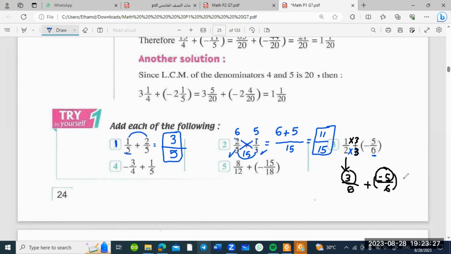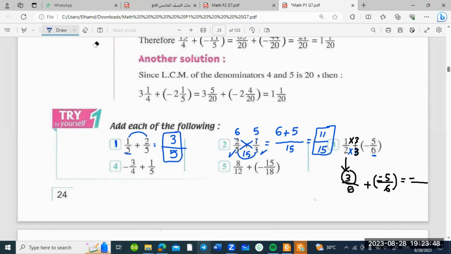You remember. So I will take the sign of the greatest number. The greatest number here is 5. What is the sign of the 5? Negative. Yes, you're right. Please, the negative is for the 5 over 6, it should be.